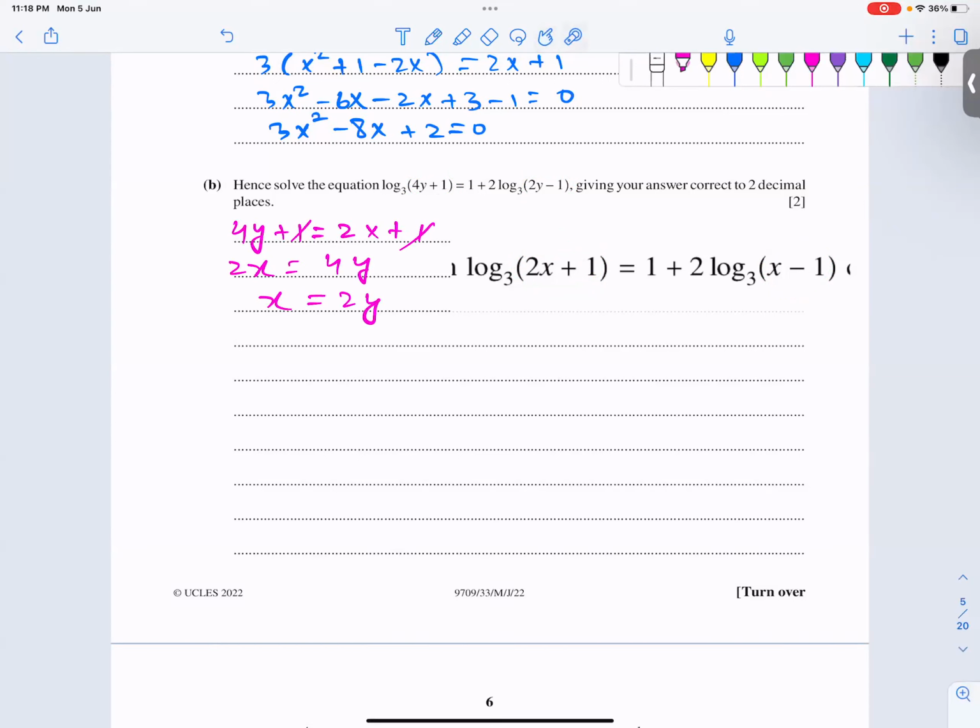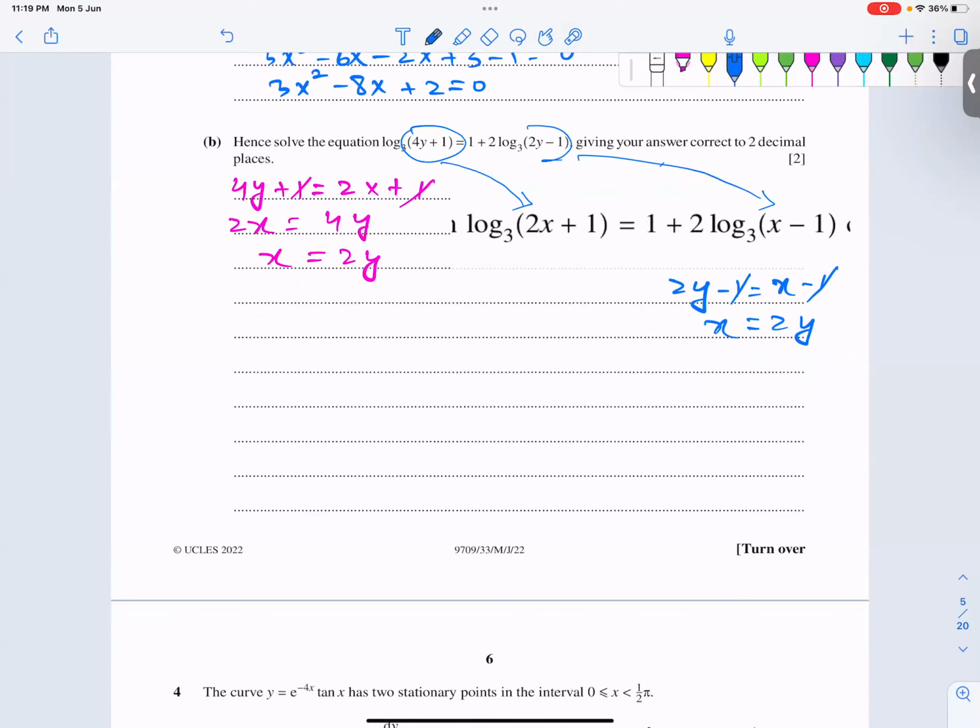Now, in order to check whether this relation is true or false, you will also equate these two expressions, and you will get 2y minus 1 is equal to x minus 1. Again, you will find x is equal to 2y. So when you have equated both parts, you at the end have the same relation. So it means x is equal to 2y is the relation between these two equations.